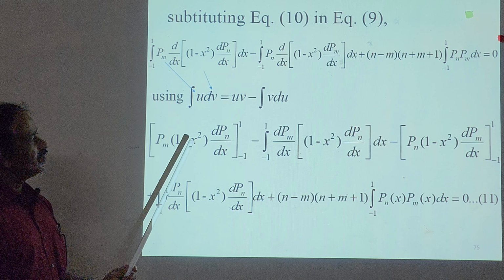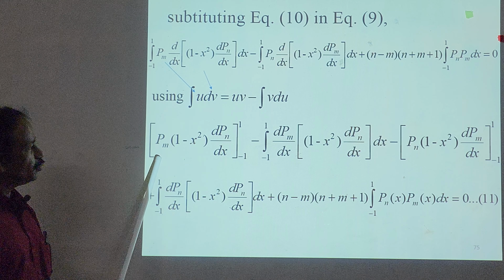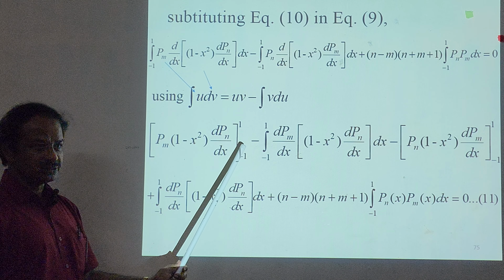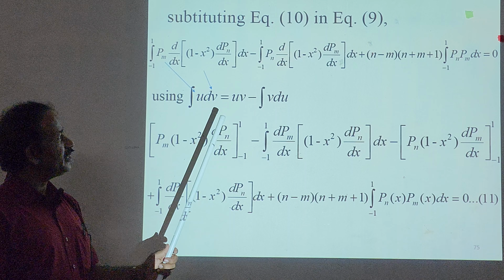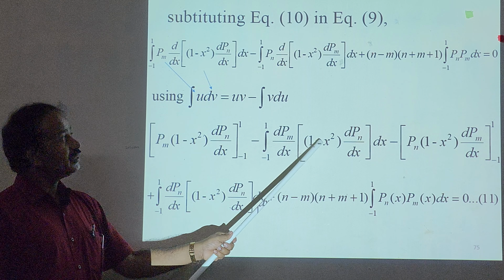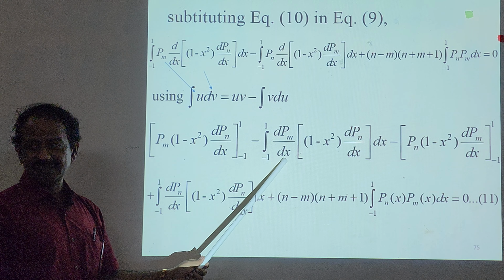So you have the first term, the integral of u dv equals uv, this is your u, this is your v, with the limits minus 1 to plus 1 to be substituted, minus the integral of v du. Your du is nothing but the derivative with respect to x, so dpm by dx.